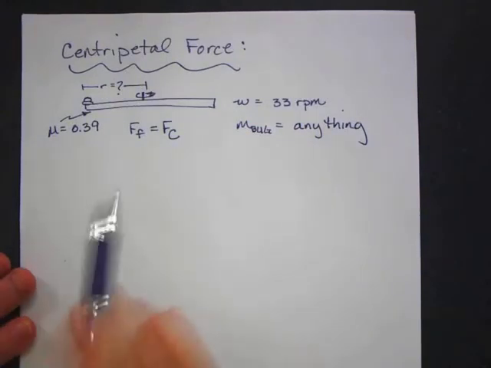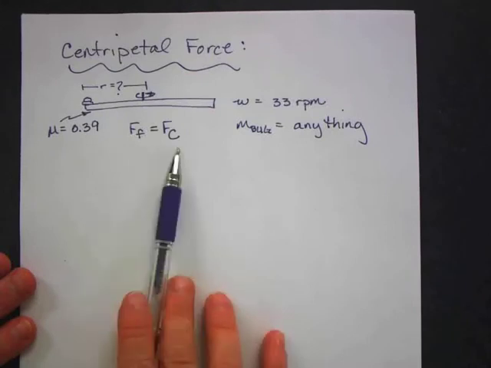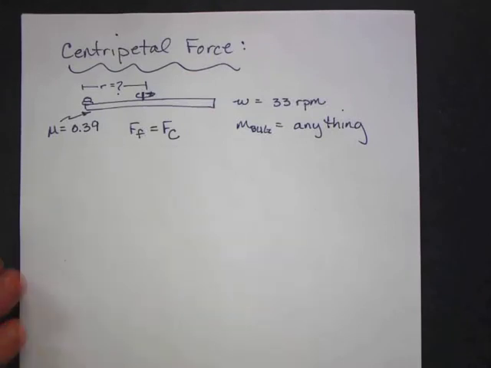Mass cancels, you don't need it, exactly. So what I'd like you to do is try to flesh out these two equations right now. So kind of get used to the layout of the equation sheet and see if you can at least put down the variables.